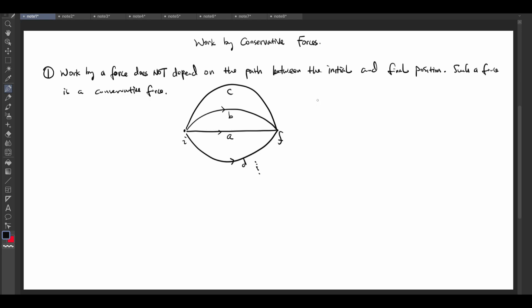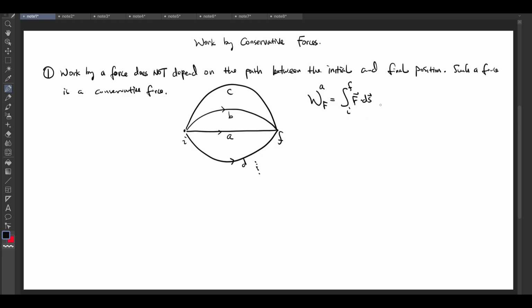But in all these cases, there's a force acting on this object, and the work done by such a force is defined as the integral of F dot ds from initial to final. If you do this integral along path A, then you have W_FA.